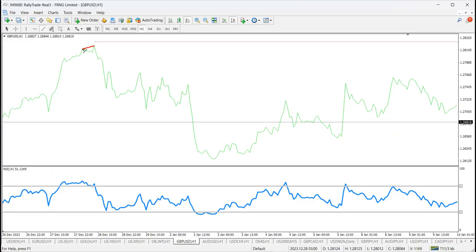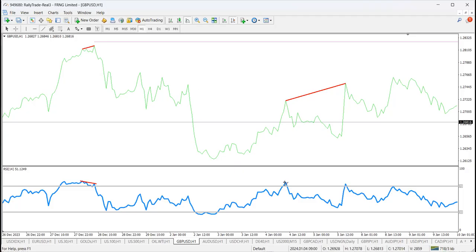Look at another example here of my line chart, showing me a higher high here, but my RSI doing what? My RSI is showing me a lower high, and that is a story or a signal that tells me I should look out for a fall in the market, right? So these things are very rampant once you are patient enough to watch your chart, monitor your chart, and follow what price is actually doing.